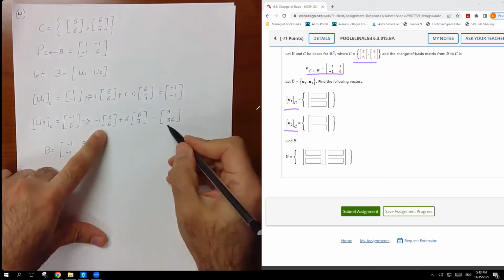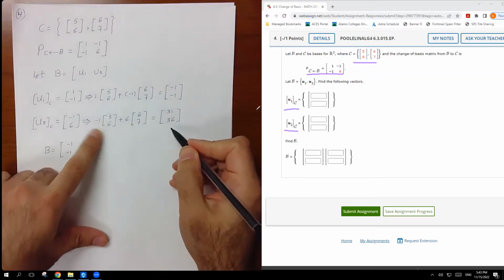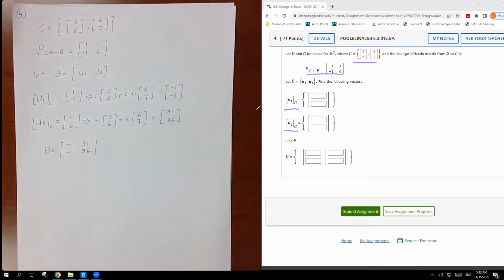So this is the second column with the base B. So in this case, we're just going to type here the coordinate vector U1 to the base C, which is -1 and -1. And the coordinate vector U2 with the base C is going to be 31 and 36.